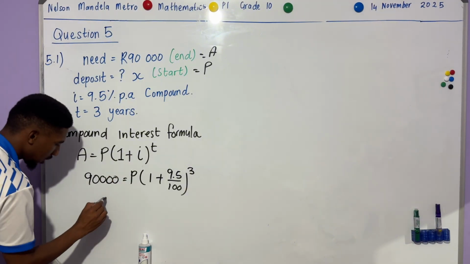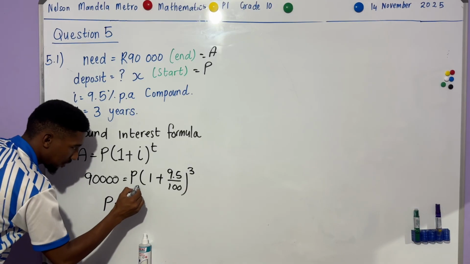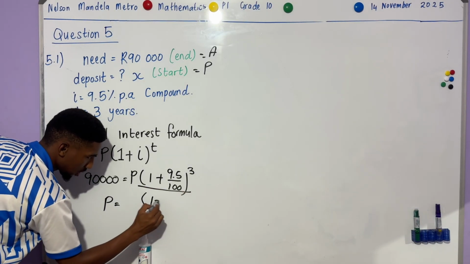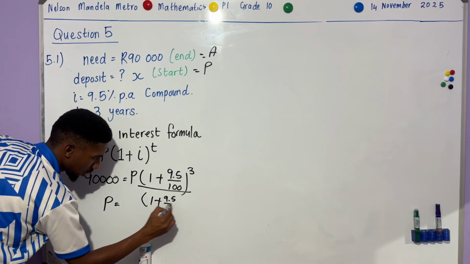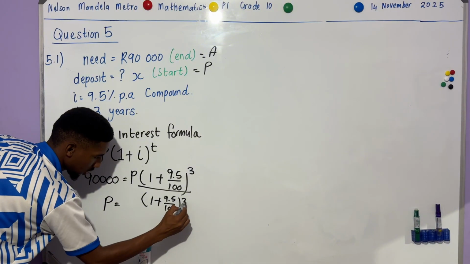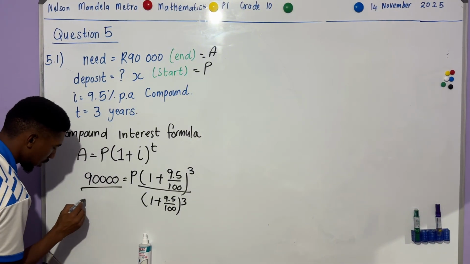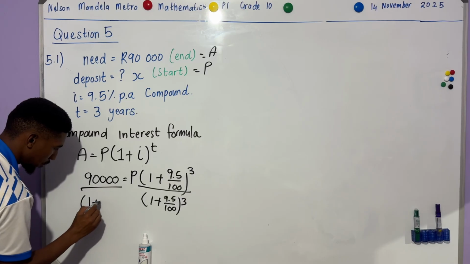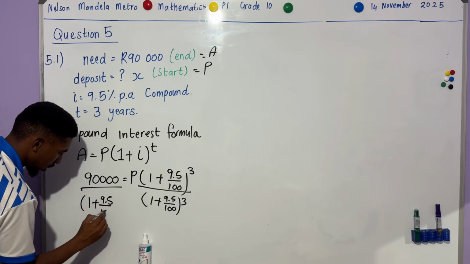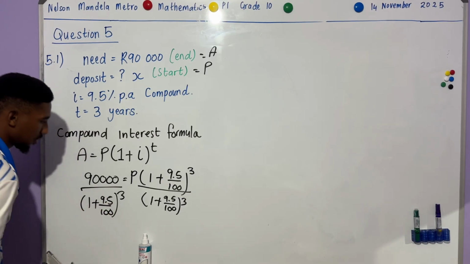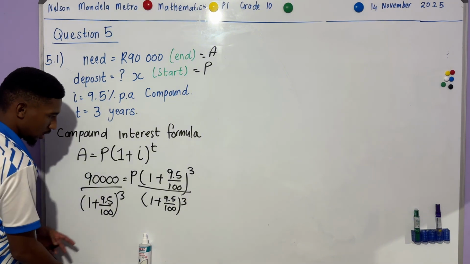Then to find P is very simple. We're going to divide by this entire bracket. Very simple for us to do, right? And what we do on the left hand side, we do on the right hand side. You do it on both sides of the equation, and that's what we have over there, right?